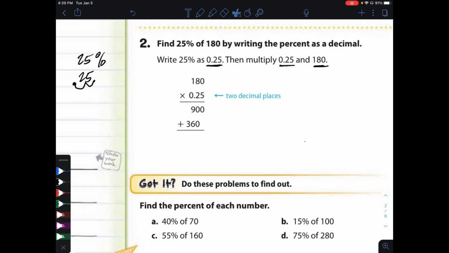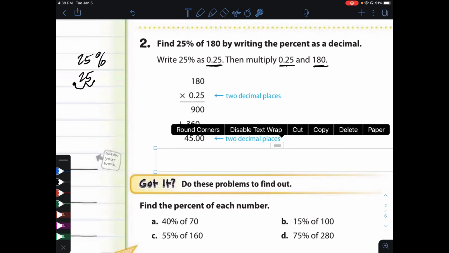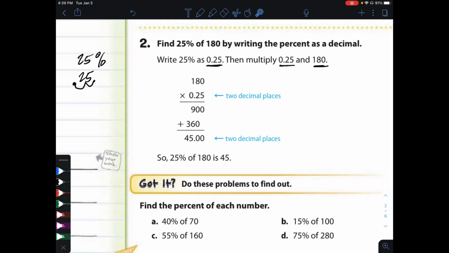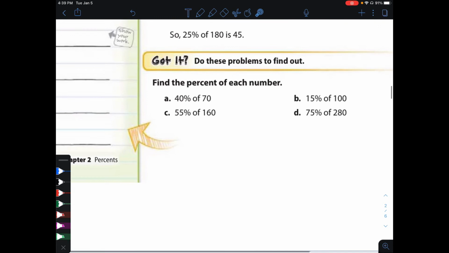Add them up, and we get 45.00, and these are your 2 decimal places. So the answer should be 4,500, but since there are 2 decimal places, it becomes 45. So 25% of 180 is 45. Now do the guided problems and let's see if you understand examples 1 and 2.